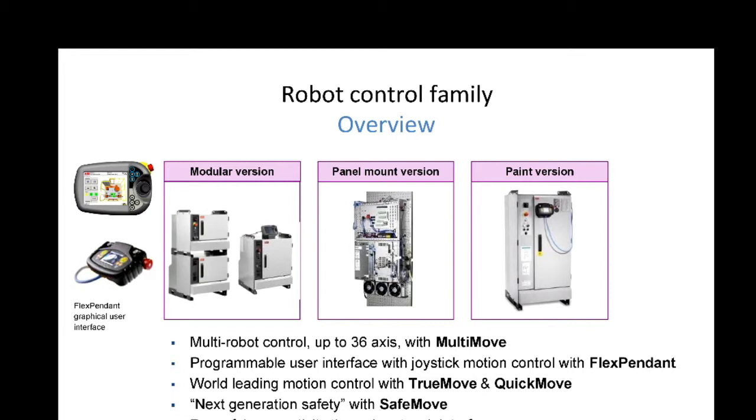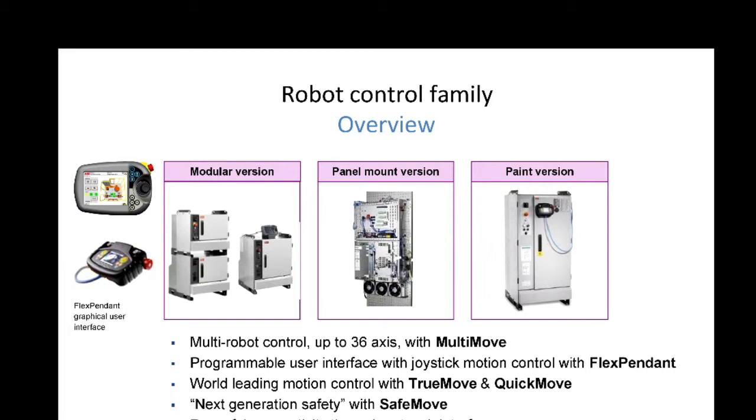Okay, the controller part of the robot we call the controller. In this slide you can see these controllers in modular version, paint version, and some different versions shown here.